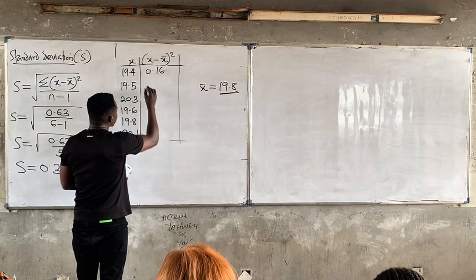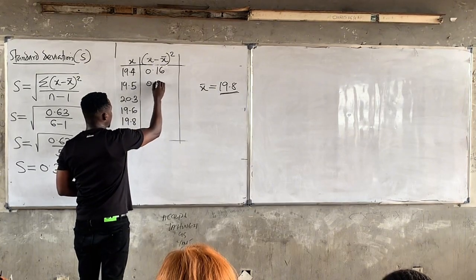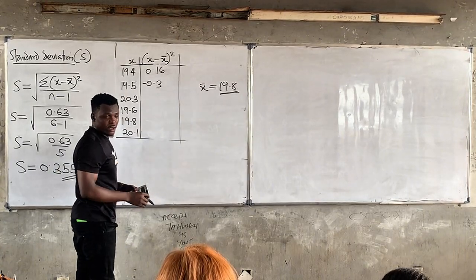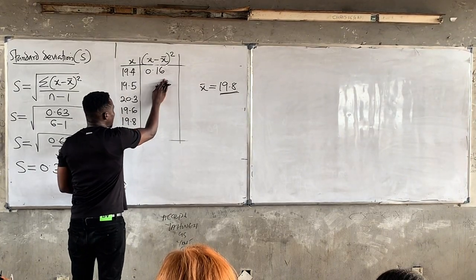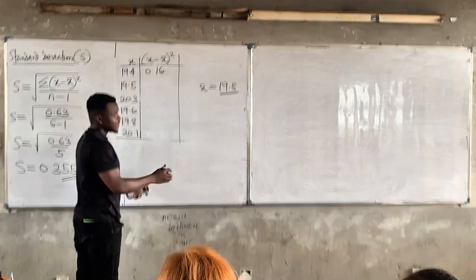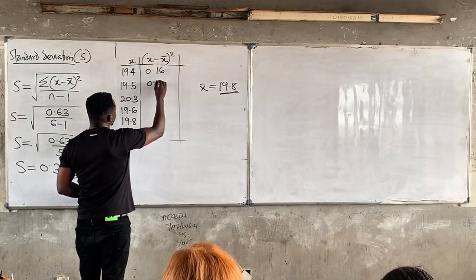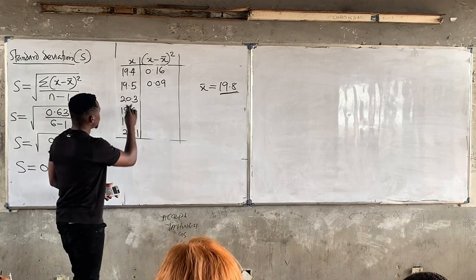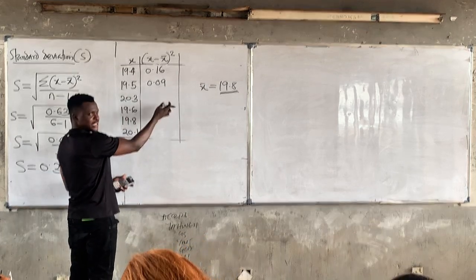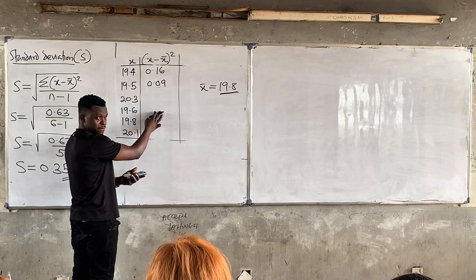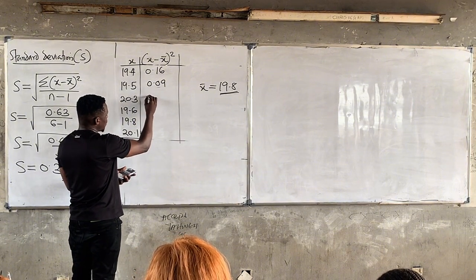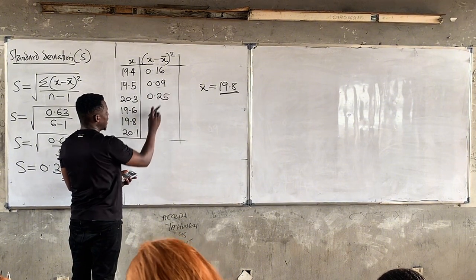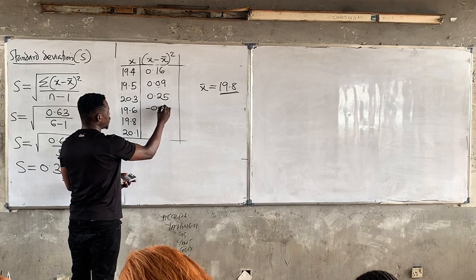19.5 minus this is supposed to give us minus 0.3. Instead of writing 0.3, just square it at once. This becomes 0.09, just what I got here. 20.3 minus 19.8 is 0.5. You square this, it becomes 0.25. This is supposed to be minus 0.2.